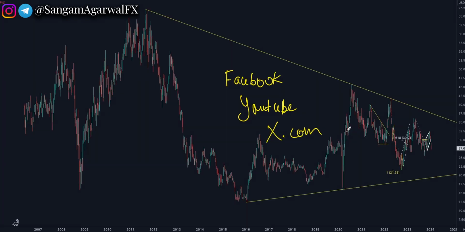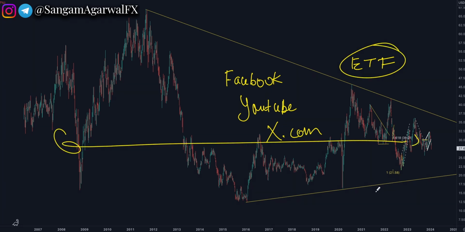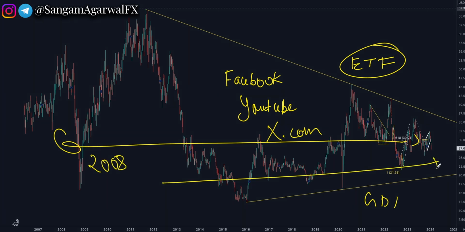All the crazy Bitcoin investors who are mad about the ETF, before you waste your savings on a Bitcoin ETF, first of all take a look at GDX. You can see since 2008 it is sideways, and people have invested so much money in GDX.